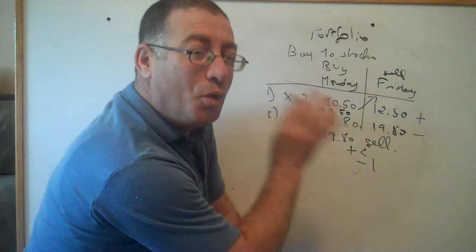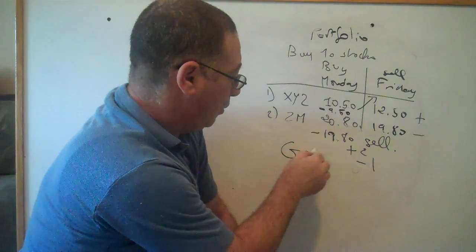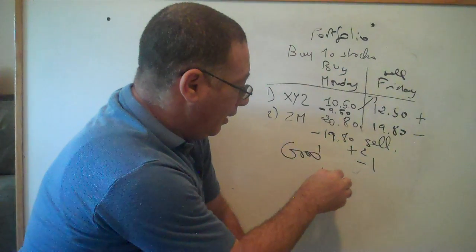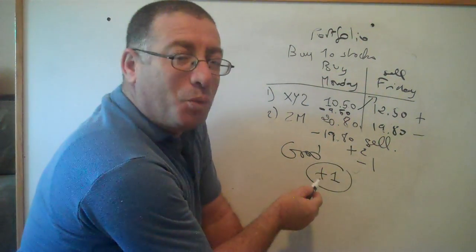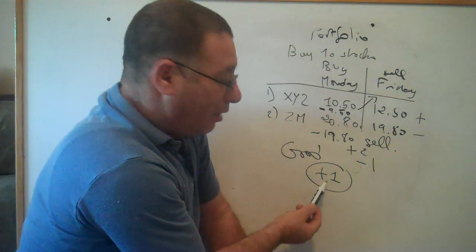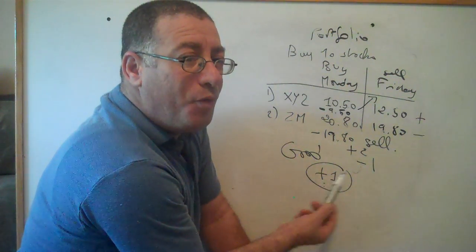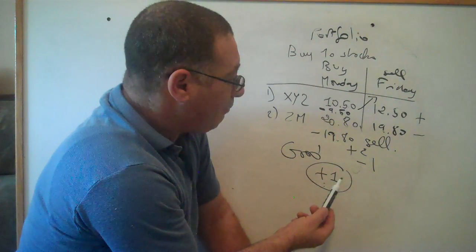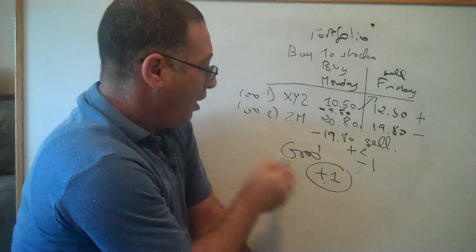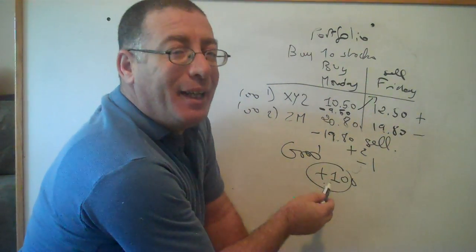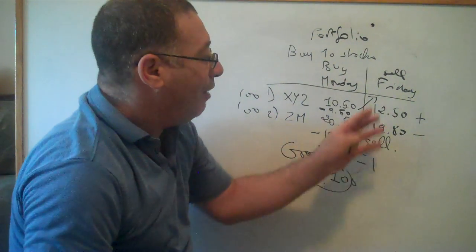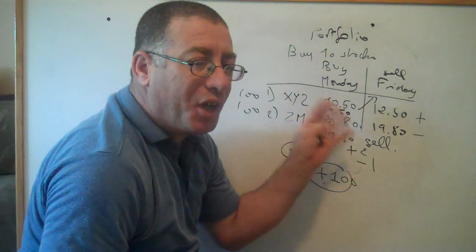Okay? For you, you are good. Why? Because you have +1. Because here you gain 2, here you lose 1. If you bought, for example, 100 shares each, here you are gaining $100 for your account, for your portfolio. Okay. Now this is for trading.